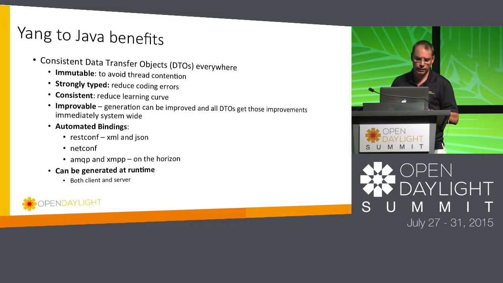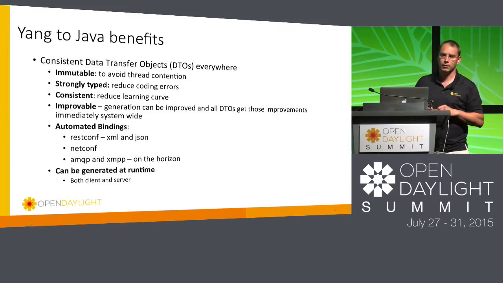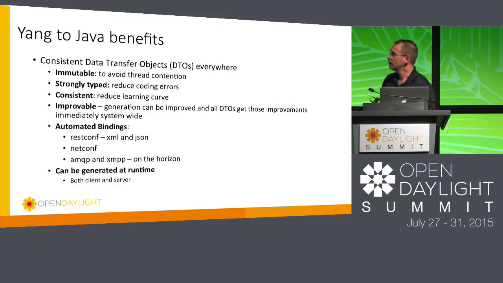So we have these properties that it's immutable. We have strongly typed input and obviously output from that now. It's consistent because the compiler is generating the framework for the code here. So again, you take out a lot of the human fat-fingering errors that you've had.